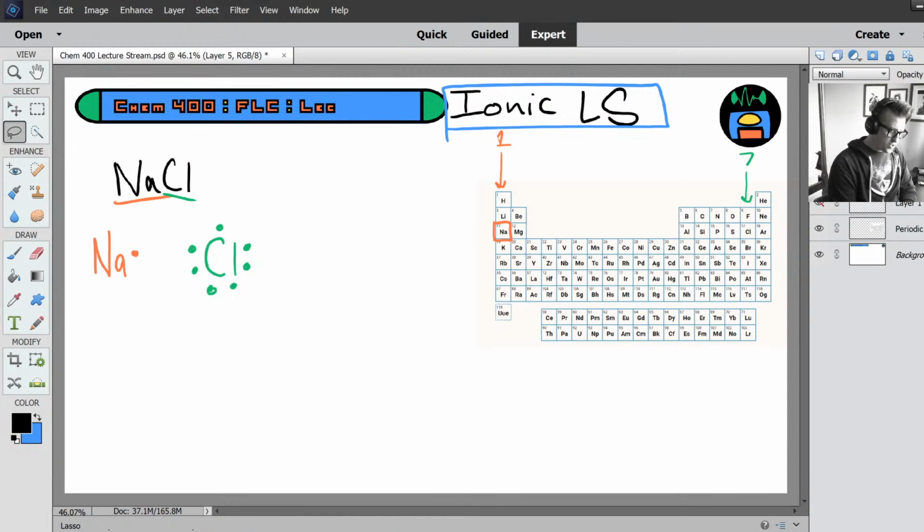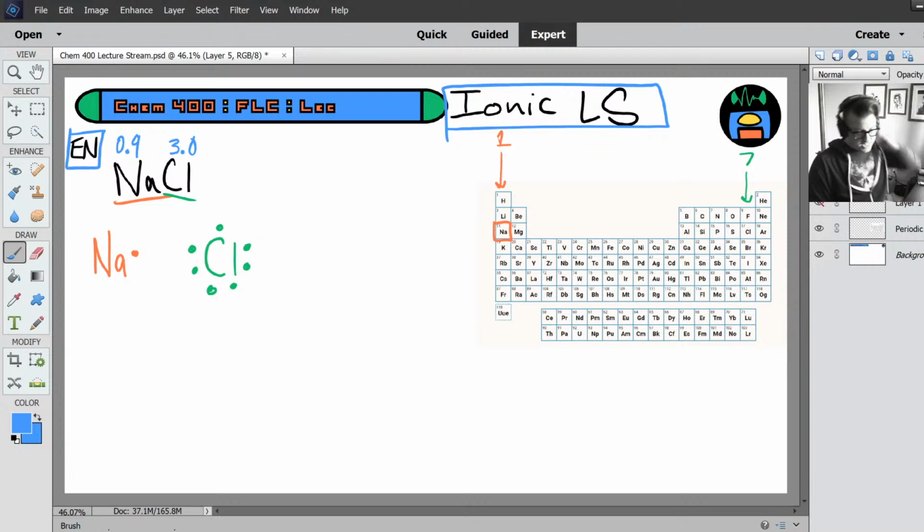So when you look at your electronegativity numbers, sodium's electronegativity is 0.9 and chlorine's electronegativity is 3.0. Now, electronegativity numbers are not something you need to memorize. I'll provide them for you when you need them, just as I did here.